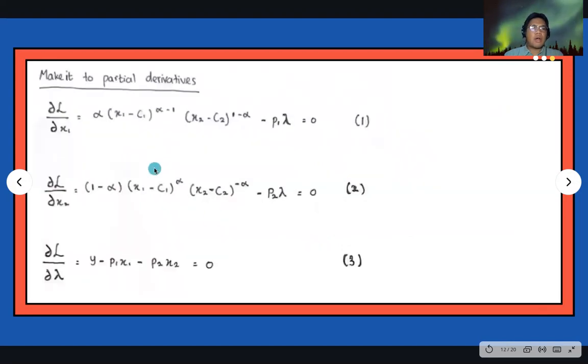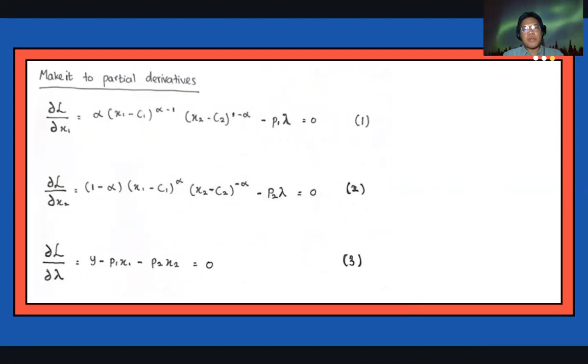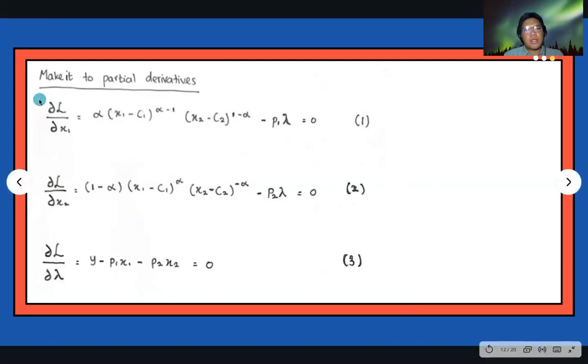Later on, to proceed to the next step, we have to take the partial derivatives of each variable. So the first one, I want to take the derivative of L with respect to x1.